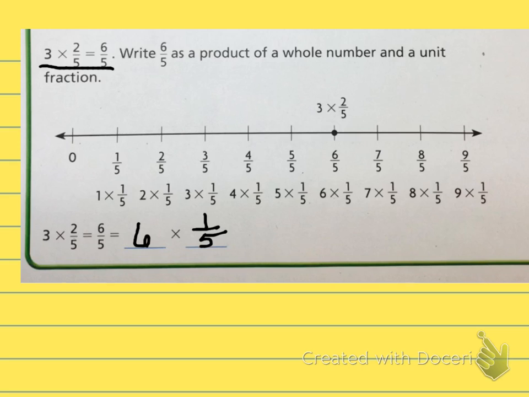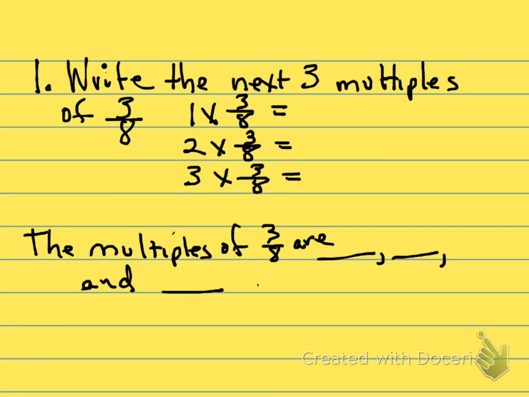Let's see if we can try this. So I'm going to ask you to write the next 3 multiples of 3/8. Here we go. Number 1. Write the next 3 multiples of 3/8.